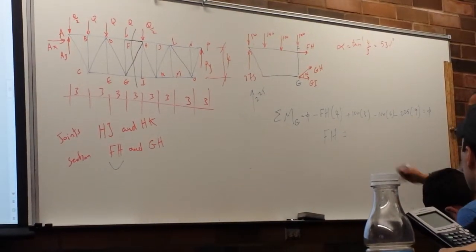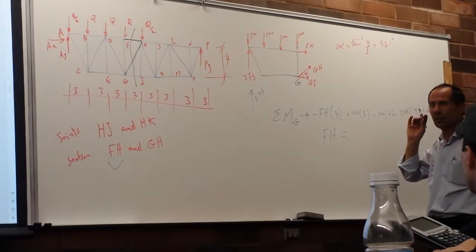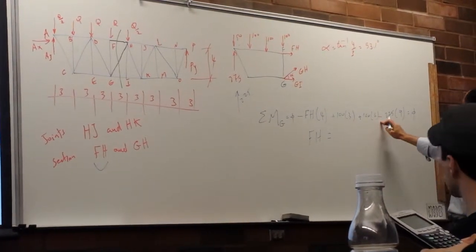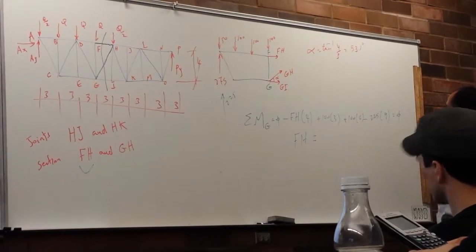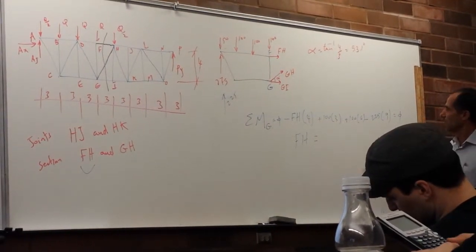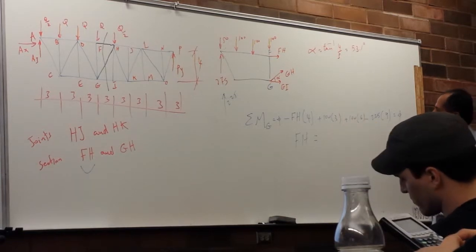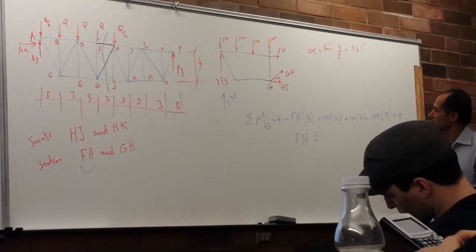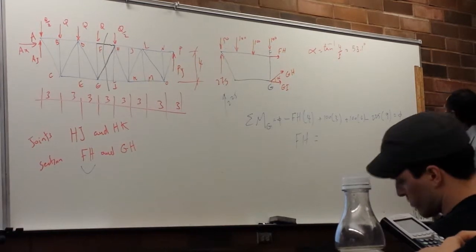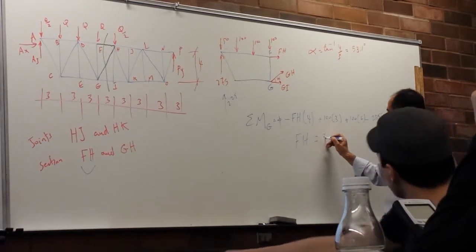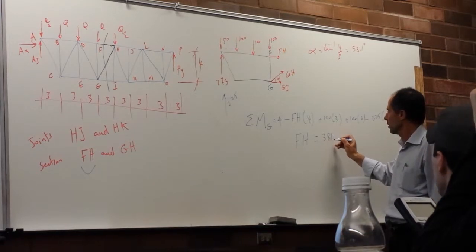100 times 6 is positive. It looks like negative right now. Positive, negative, right. Give me a number, please. 900 over 4 is 225. 281.25, that's what I have.